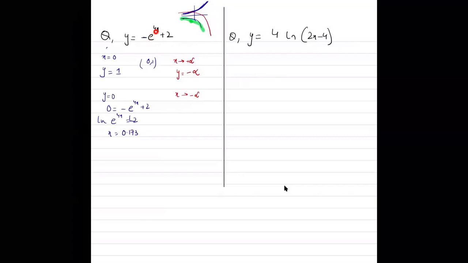So if this number is closer to 0 and you add 2 to it, this y value is going to approach 2. So this will show you the trend of the graph.